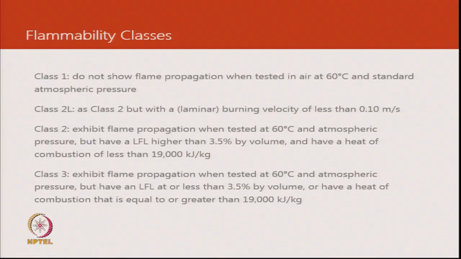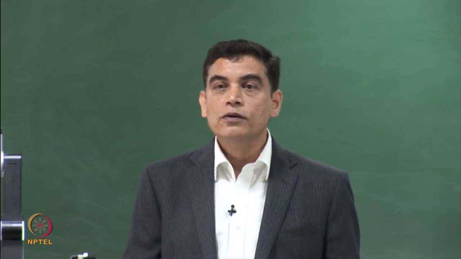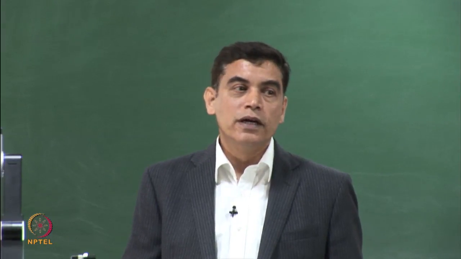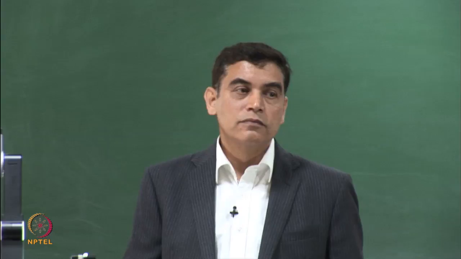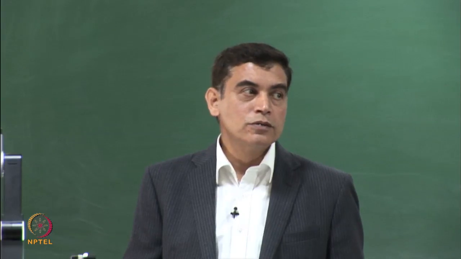Class 2L is a new class. Earlier there was just class 1, class 2 and class 3, and then the need for alternative refrigerants led different companies to a point where they could not get class 1 refrigerants with low global warming, comparable to ammonia or CO2.